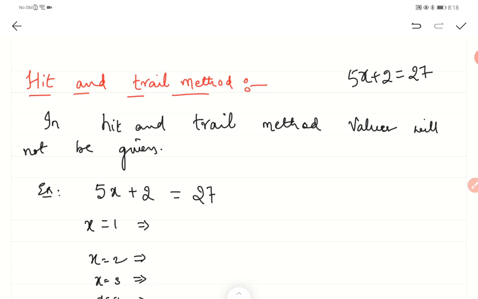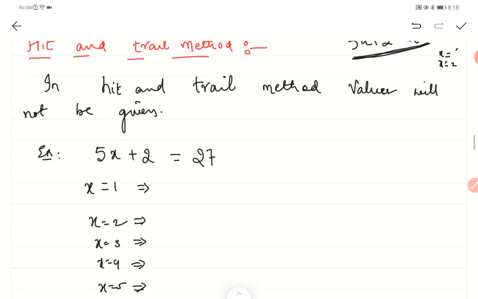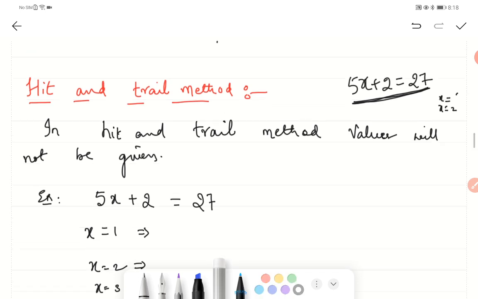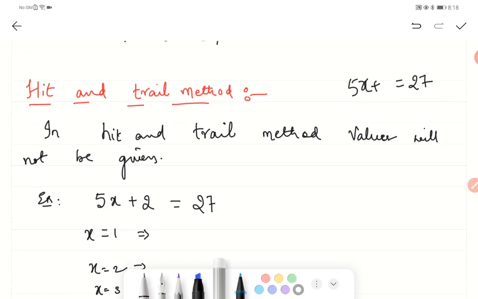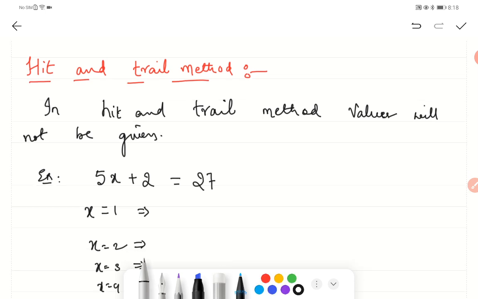This is a given equation. Or you got a statement, they have given you a statement and you have written this statement in equation form. So what you will do, you will try to find the x value which is true. You'll try to put some values like x equal to 1, x equal to 2, and check for it. We will put some values of x and check for which value of x it is true.